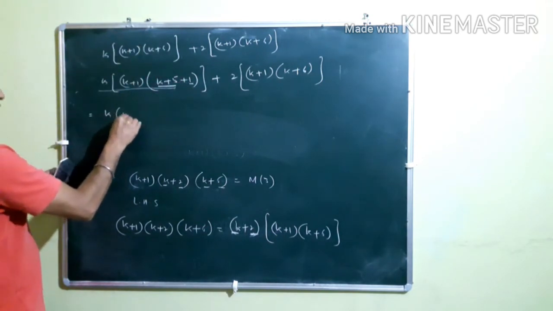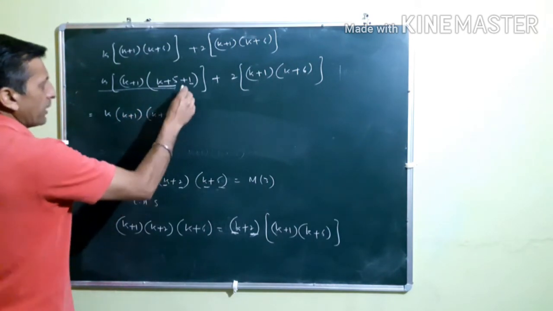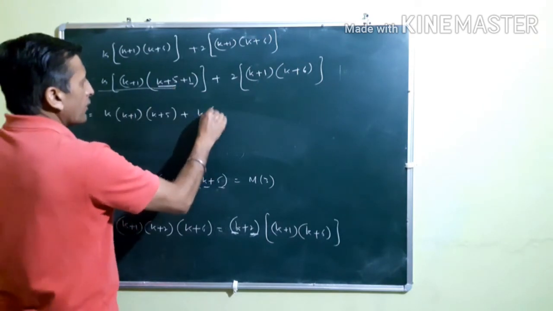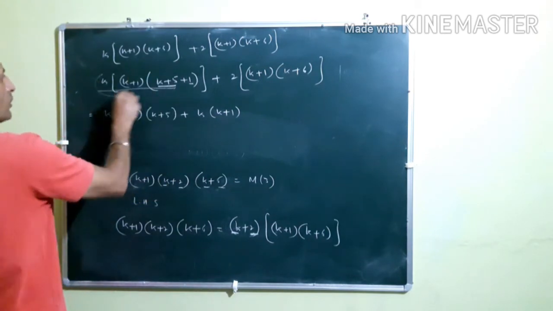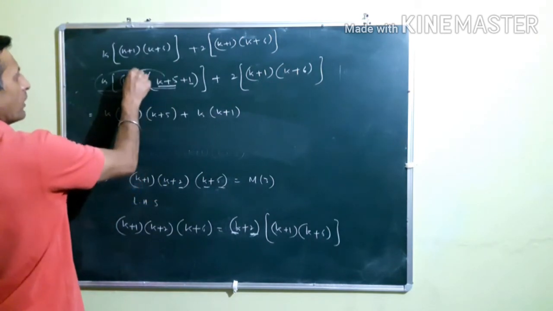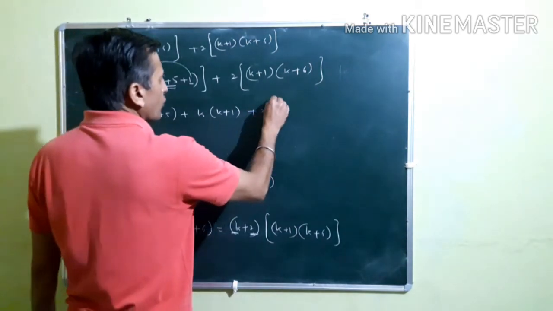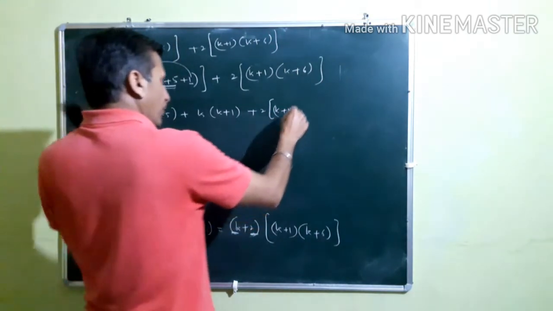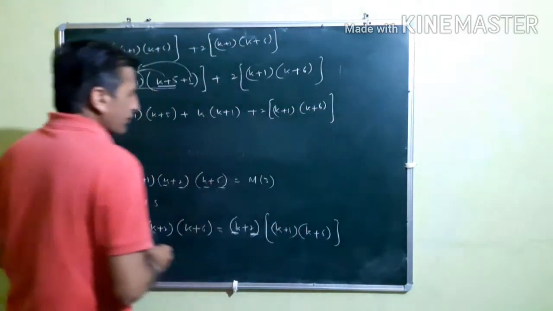So it's k into k plus 1 into k plus 5 plus, we have to multiply these terms by 1. That means k into k plus 1. When we multiply this whole term by 5, and then we multiply by 1, plus 2 into k plus 1 into k plus 6, like this.